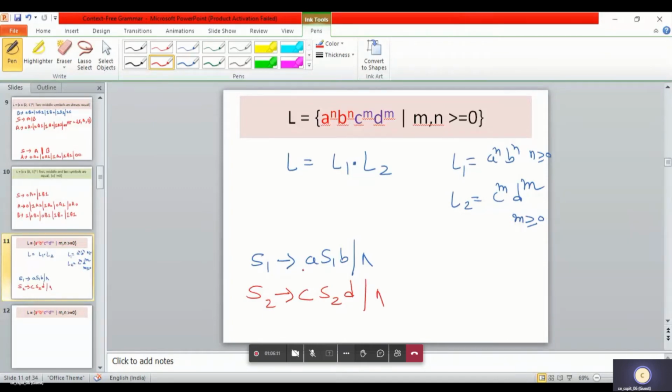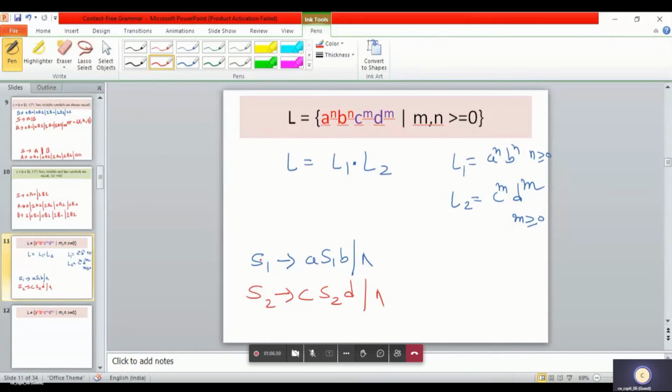So why are we writing S1 gives A S1 B? S1 is the starting symbol of the language L1, and it is a recursive rule. We are producing an equal number of A and B, A on the left hand side and B on the right hand side.